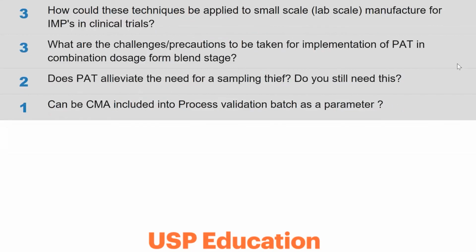With respect to the next question, how could these techniques be applied to small scale, lab scale manufacturers in clinical trials? That is going to be difficult. I'm sure there are process analytical people that can design and help you implement a probe for any sort of scale, but for clinical trials, these are typically small batches, more lab scale.